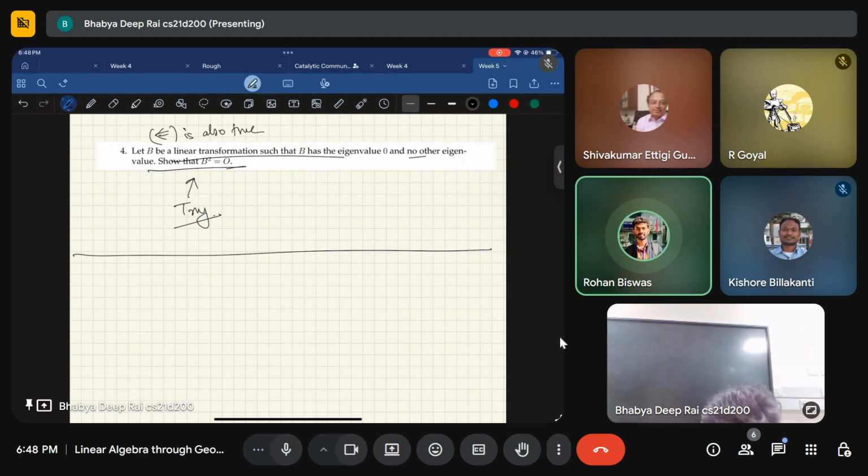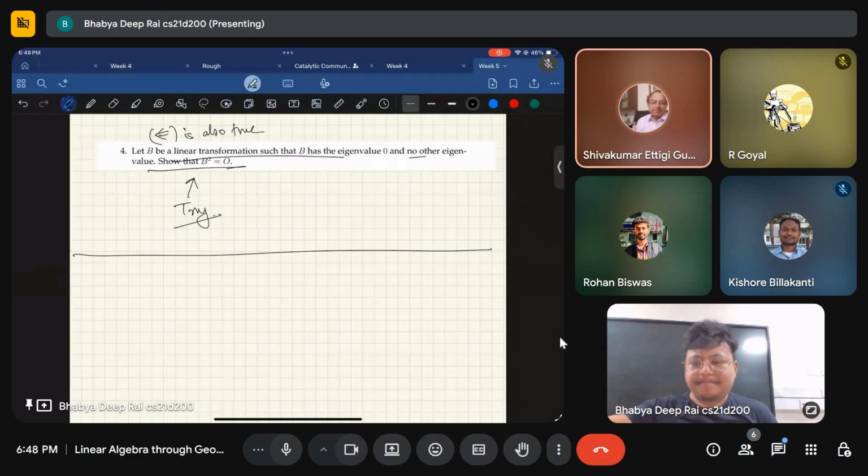So the meaning could be like this: let's say A is a matrix which has 0 as the only eigenvalue. That means for all the eigenvectors that A might have, Ax equals 0x.